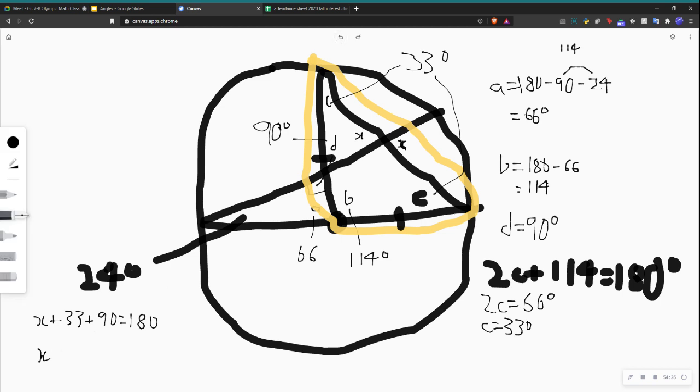Let's just do one step. Sorry, X plus 42 gives you 180 degrees, since 9 plus 33 is 42. And you solve for this, so subtract 42 from both sides, you get your final answer of 57 degrees.